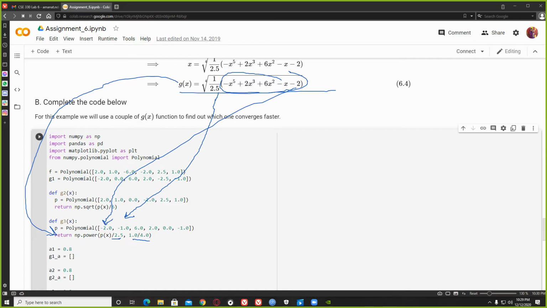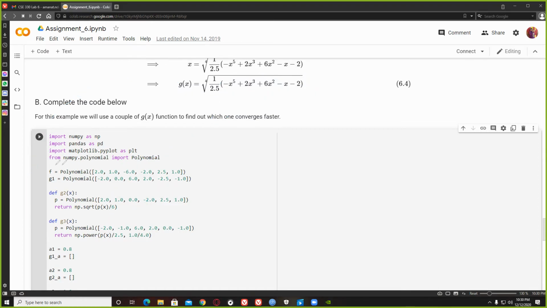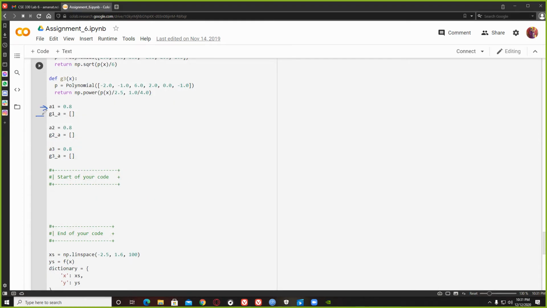Now we just have to apply the fixed point. So we intend to find three roots which are a1, a2 and a3 from the iteration, and after each iteration we will save the value of a1 here, the value of a2 here, and value of a3 here. Each value will be updated in this loop. So now here you have to write the code.